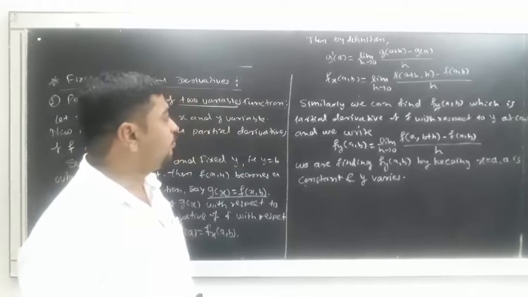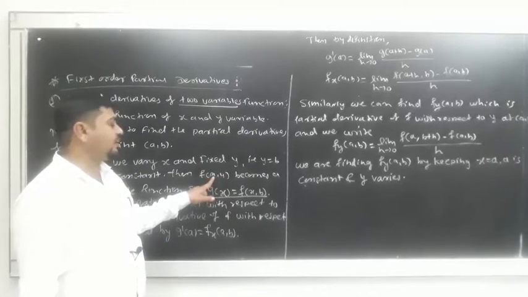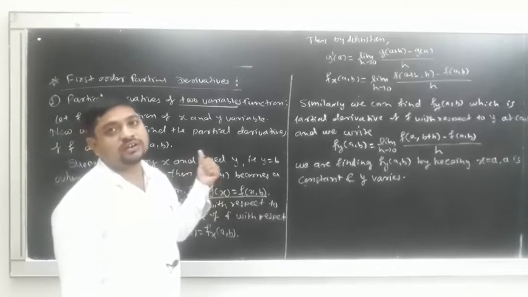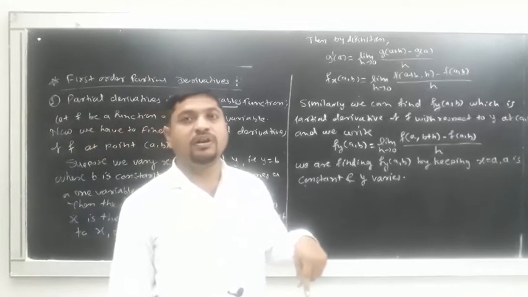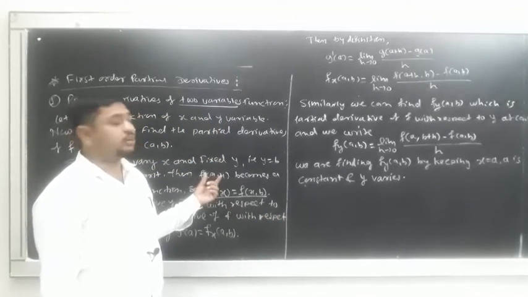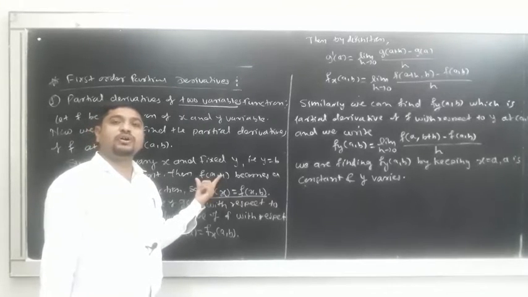That means if you keep one variable constant, then this function gets converted into a single variable function. If you keep x constant, then this is a single variable function of y.